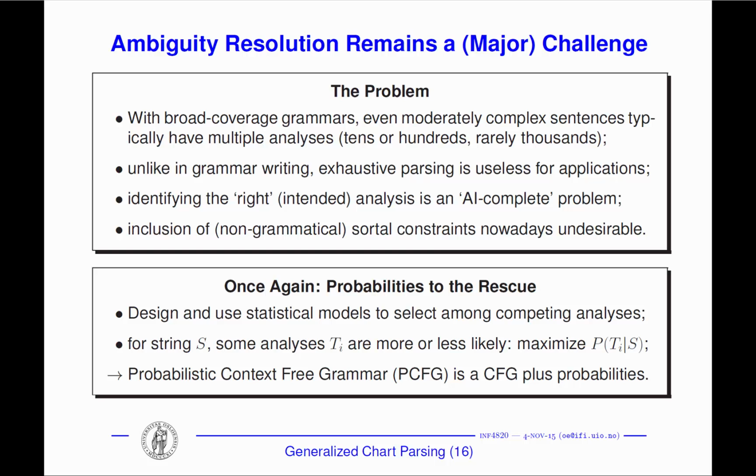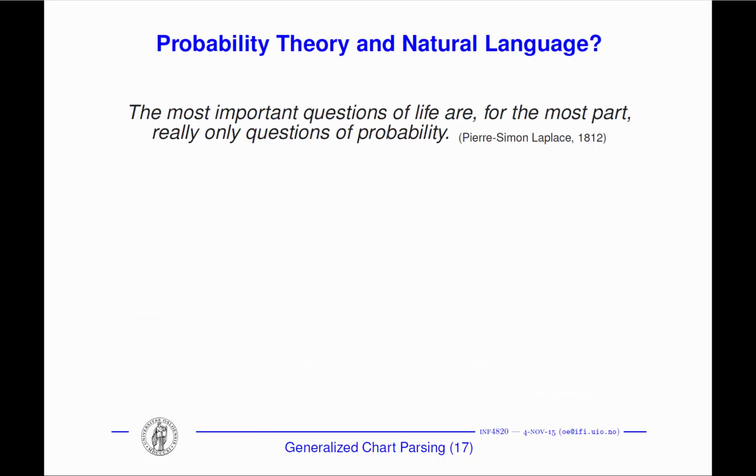So we'll design and use statistical models to select among competing analyses, and we actually have one such model already, probabilistic context-free grammars. And then we'll maximize for string S among the set of trees Ti and look for the tree that has the maximum conditional probability given S. And that's our formalism that we'll use.